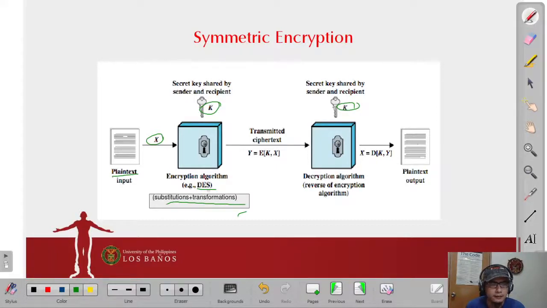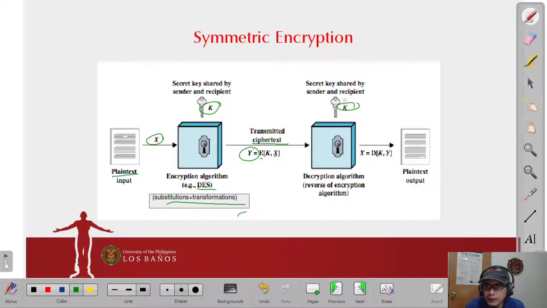What DES does is perform some substitution and transformation, and then we get the ciphertext, which we denote as Y. The encryption algorithm is a function of two inputs, the key and the plain text. Then this will be transmitted to the receiver.